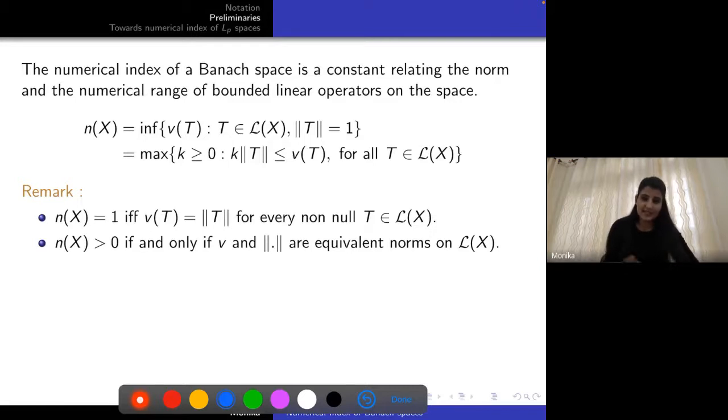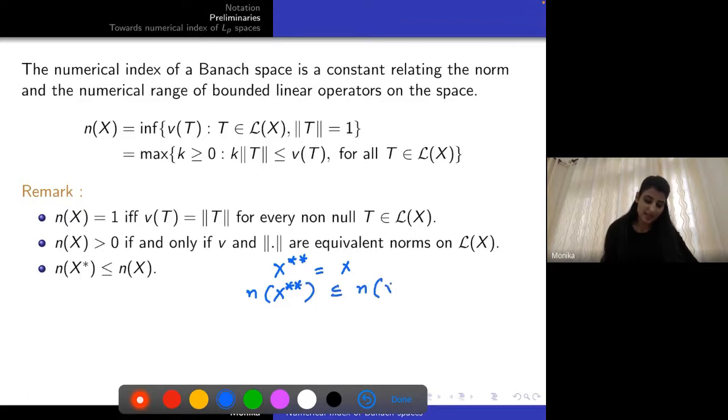If X is reflexive, meaning X** is the same as X, in that case we will have the numerical index of X** is less than or equal to the numerical index of X*, using this property, which is less than or equal to the numerical index of X, using the property again, and since it's reflexive, we will say it's the numerical index of X. So in case X is reflexive, the numerical index of X and X* coincide.